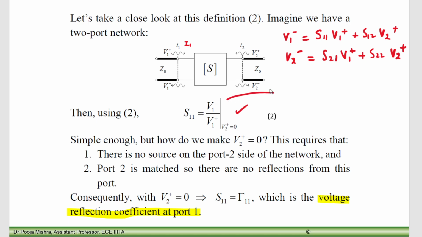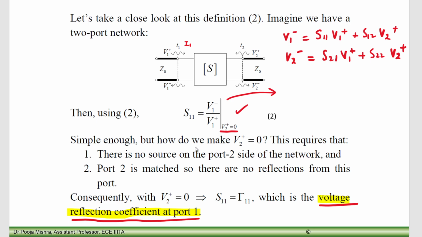It is called the voltage reflection coefficient at port 1, but only when V2 plus is equal to 0. What is V2 plus? V2 plus is the incident voltage at port 2.